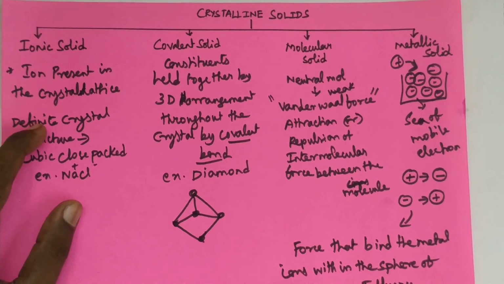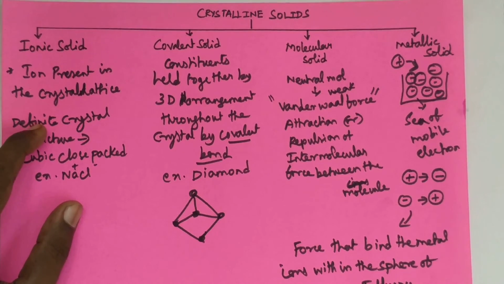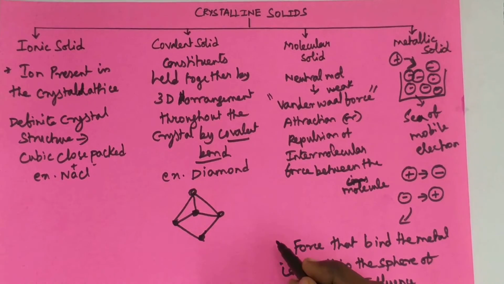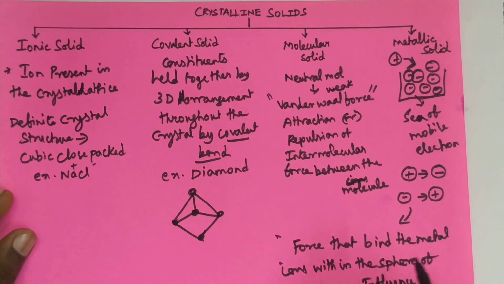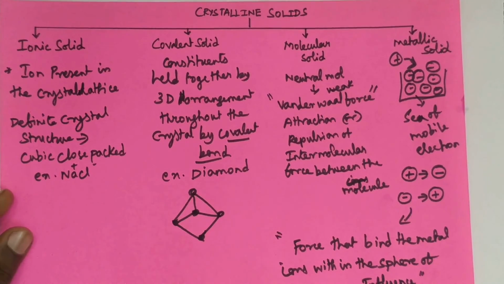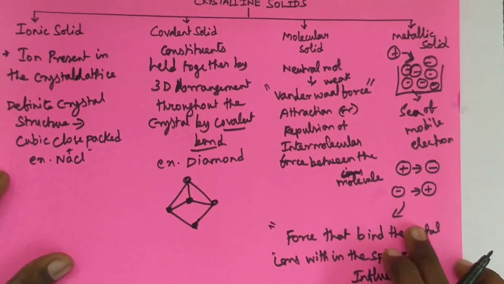Examples: silver, copper, gold, zinc, etc. Normally they won't ask about metallic solids, but if they do, it is a definition in the textbook, given in a simple way. So the concept is the force that binds the metal ions within the sphere of influence is called metallic solid.